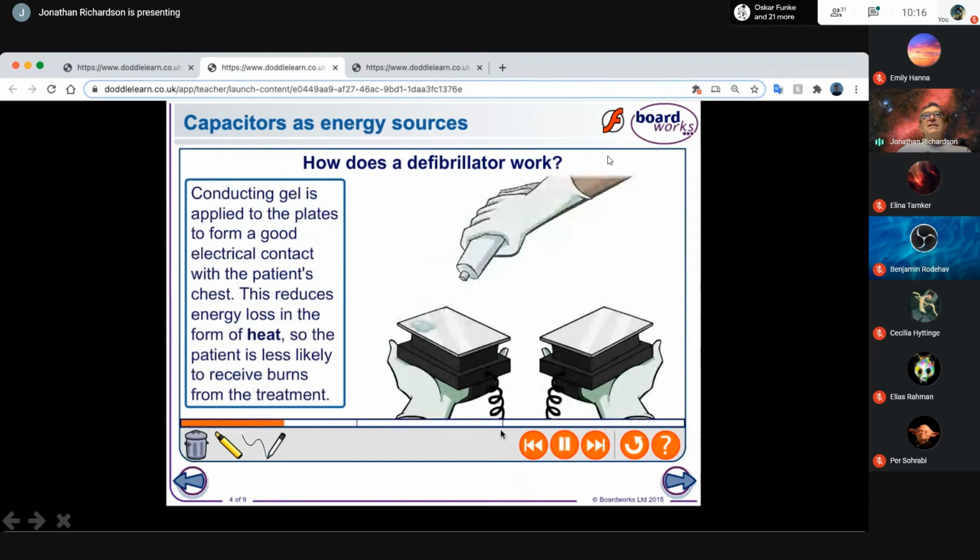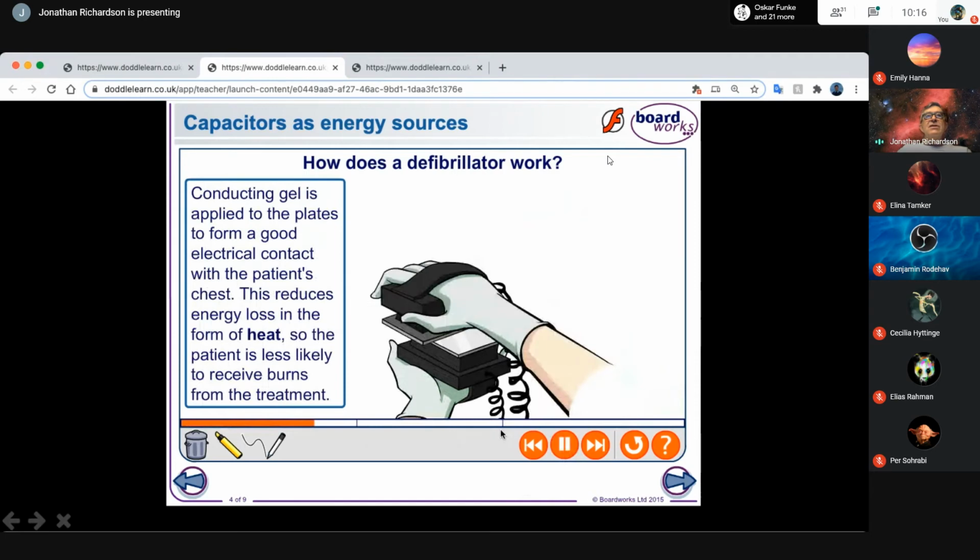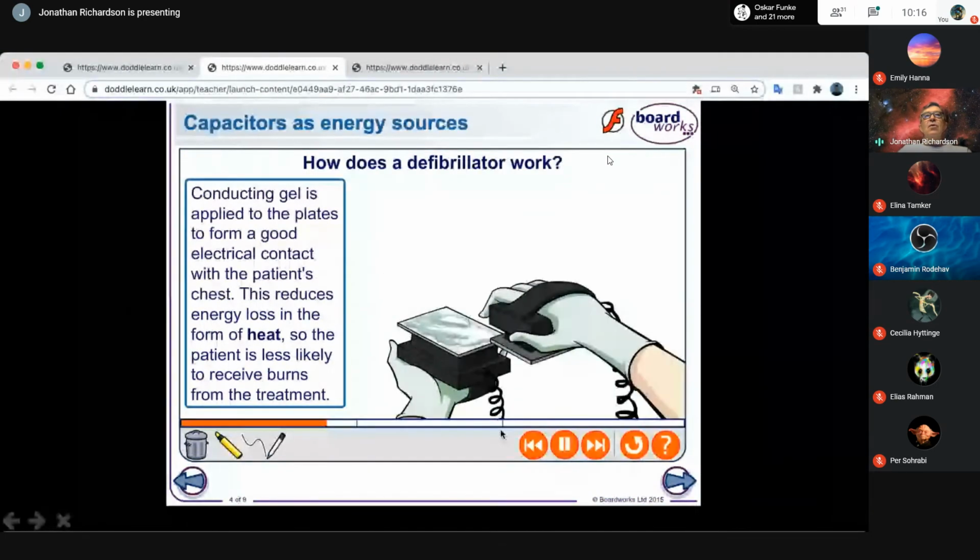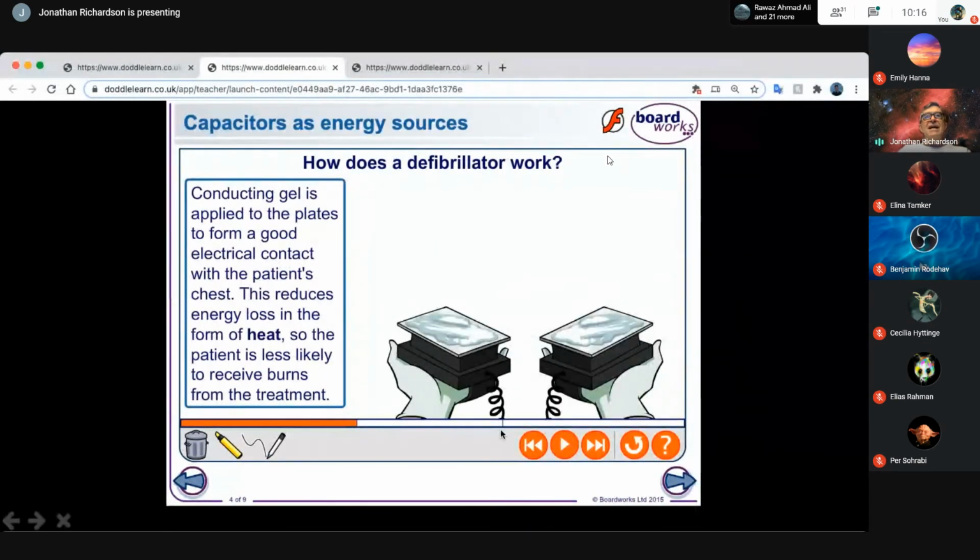So the first thing we're doing on here, as you can see, is they're applying what we call a conductive gel. If you're doing this very quickly, you probably don't spend a lot of time, but you would ideally want a conductive gel to be able to hold your plate onto the person's chest.